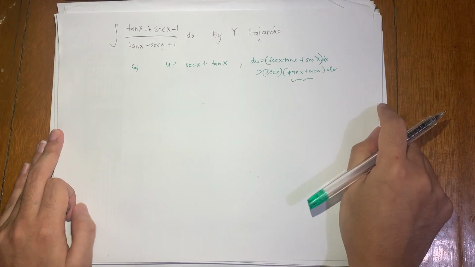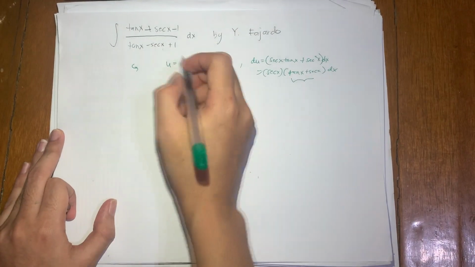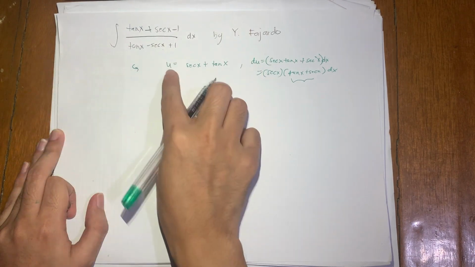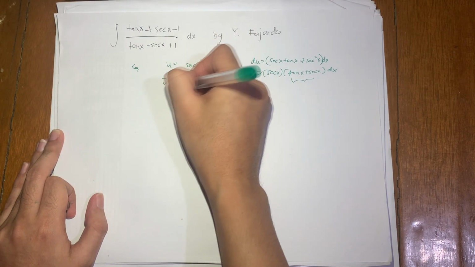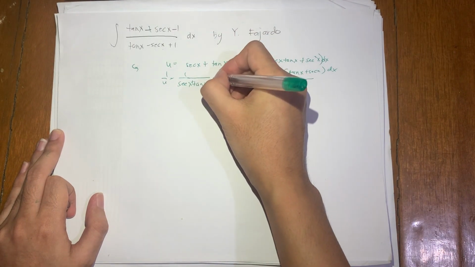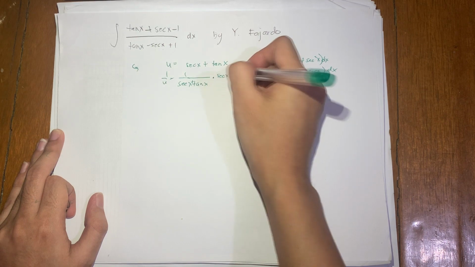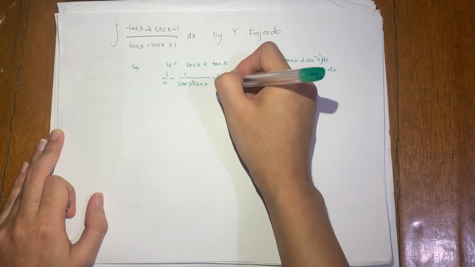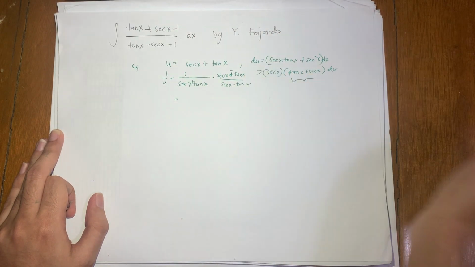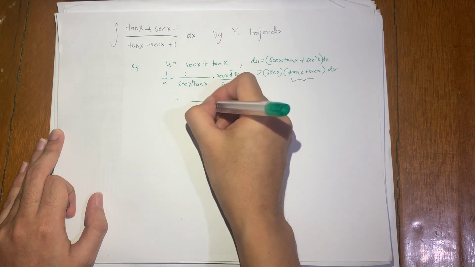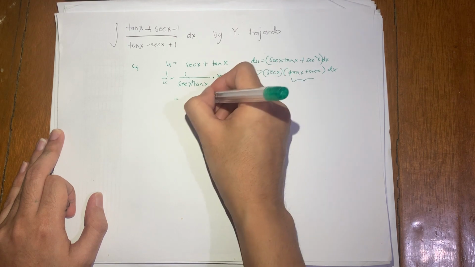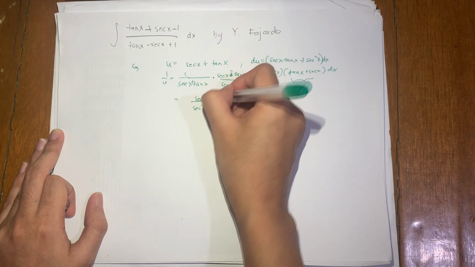What's special about secant x plus tangent x is that if you get the reciprocal of that expression, you'll get something pretty. 1 over u is equal to 1 over secant x plus tangent x. If you multiply this expression by the conjugate, which is secant x minus tangent x, the denominator becomes secant squared x minus tangent squared x, and the numerator becomes secant x minus tangent x.